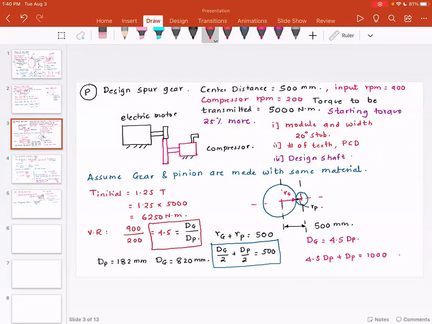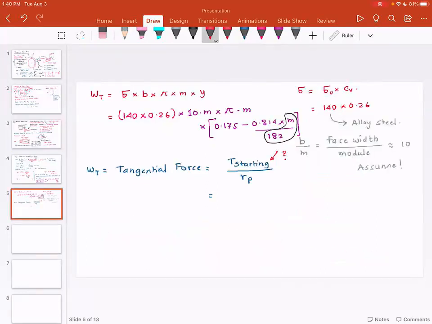So what are we starting? We are starting the compressor. So this 5,000 times 1.25 is nothing but T starting for compressor.